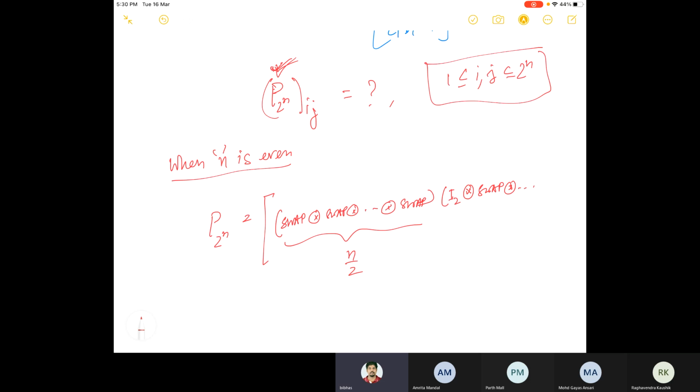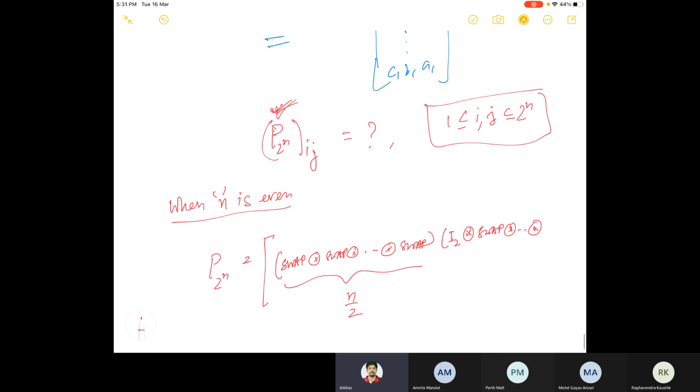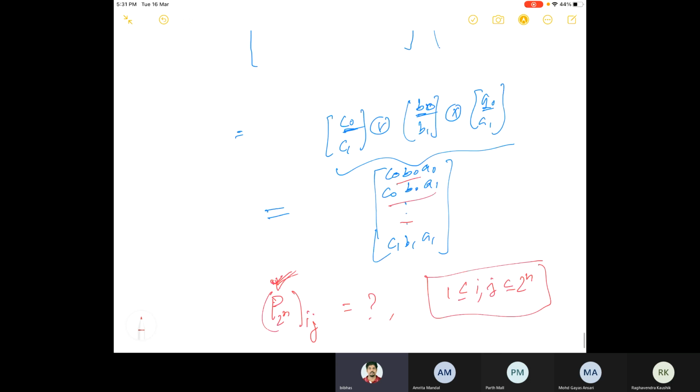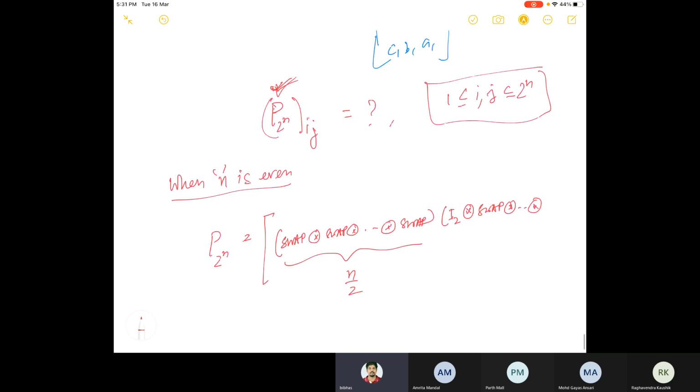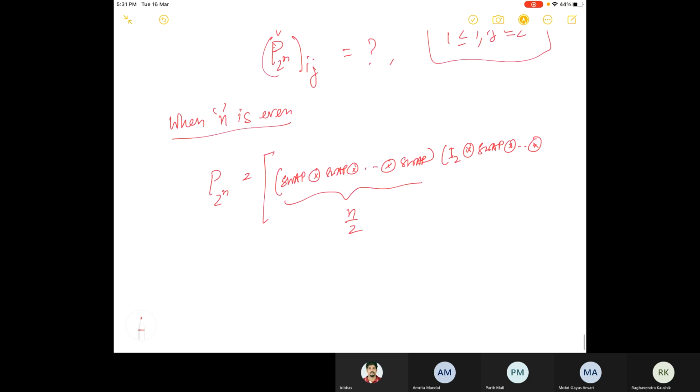We apply this rule, whatever definition I'm giving for n equal to 3. I'll write down the case for odd as well. You just have to observe which entries are changing the order, and accordingly you can find that this is the case.